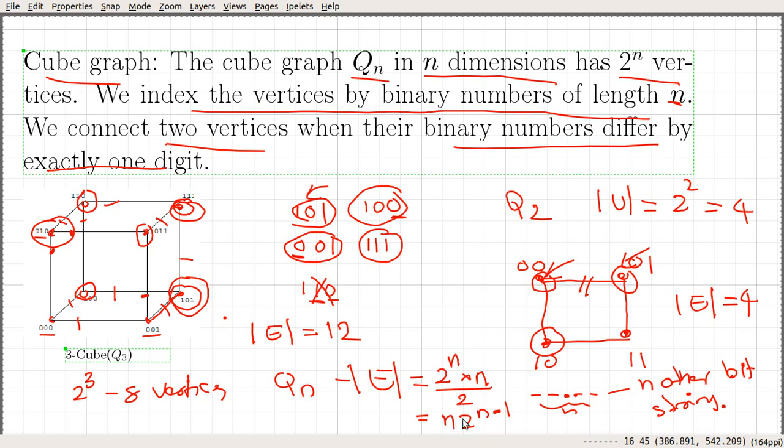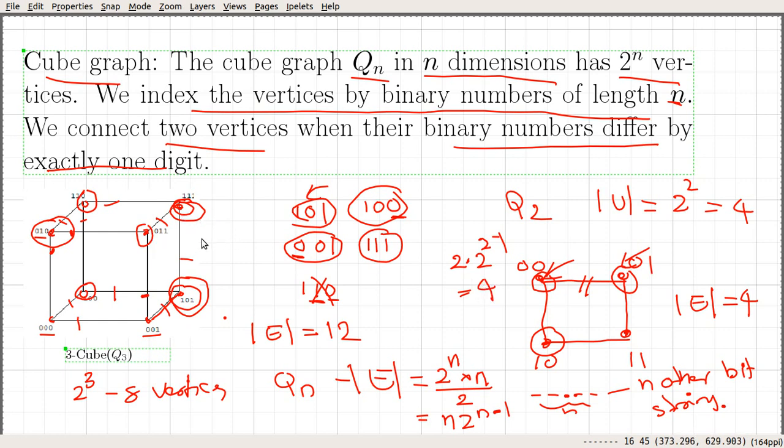So we can see that this formula agrees with Q3 and Q2. For Q2, n is 2, so 2 times 2 to the 2 minus 1, which is equal to 2 times 2, 4.